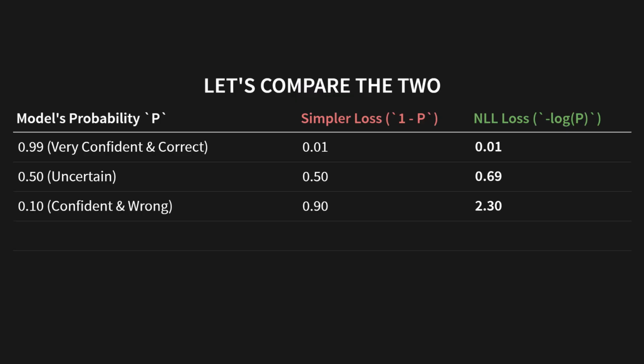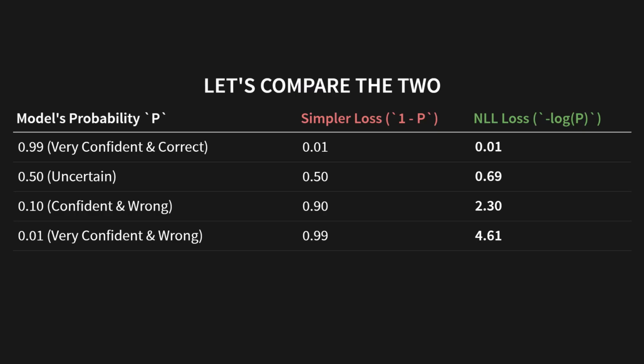Let's imagine the model is confident and wrong. It gives a probability of just 0.10. The simple loss is 0.90. The NLL loss is 2.30. Ouch, much bigger. Now, what if it's very confident and wrong? A probability of 0.01.